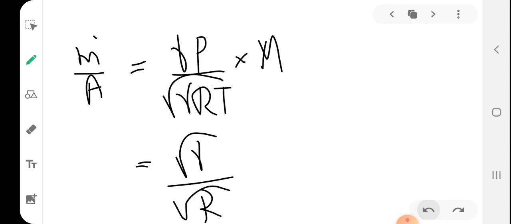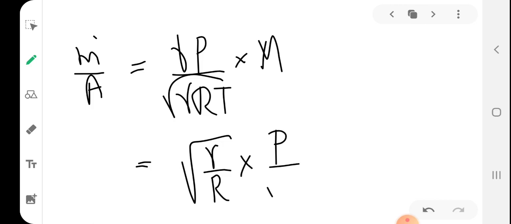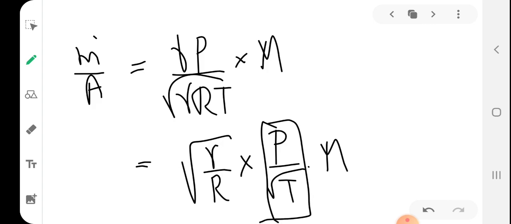You can write it like root of gamma by R into P by root T into M. I am slightly changing the arrangement like this. So the gamma in the numerator gets cancelled by root gamma, and root gamma remains. This is how things look now.